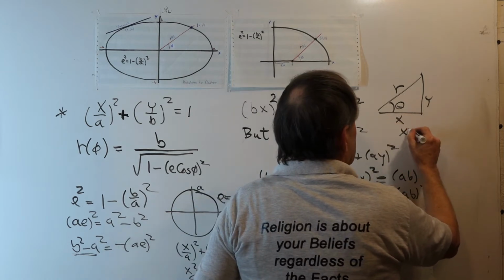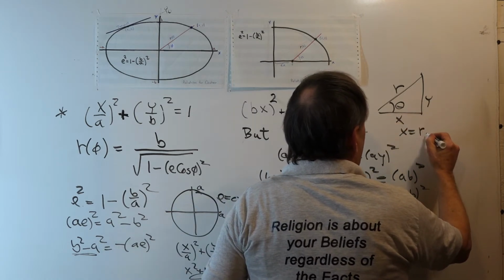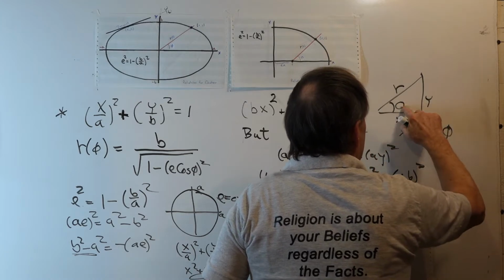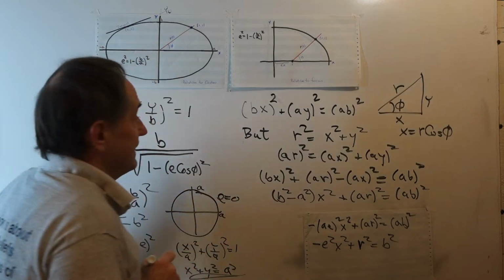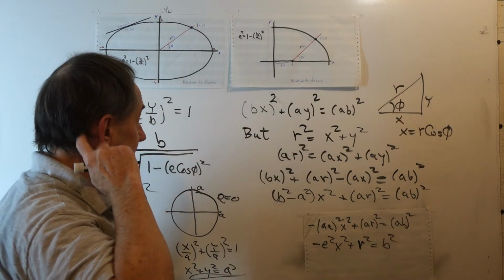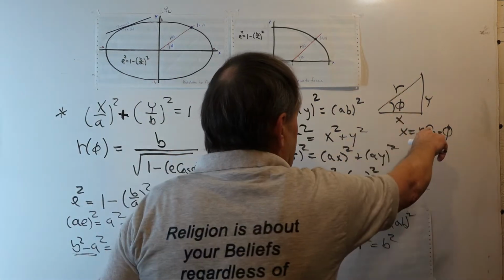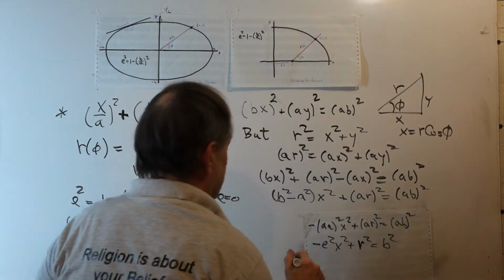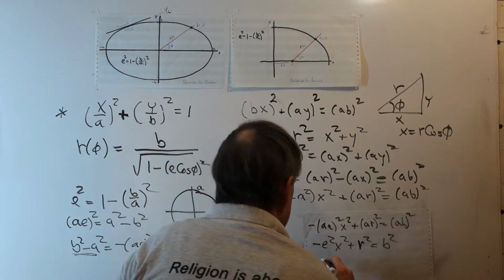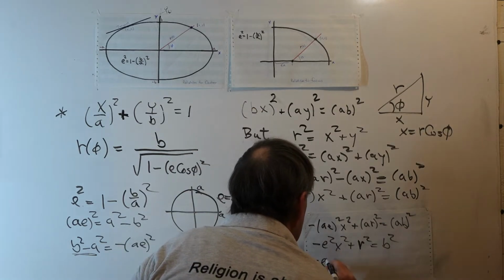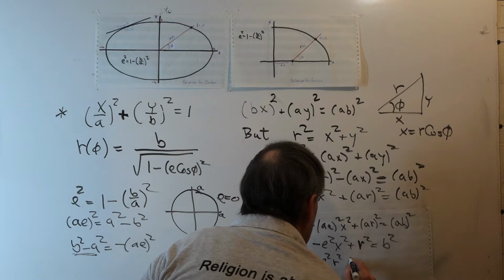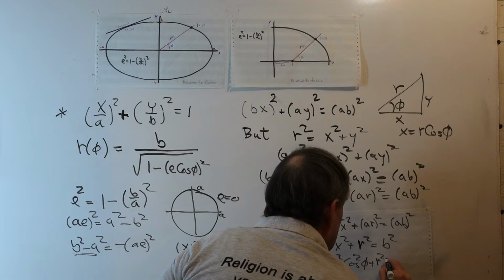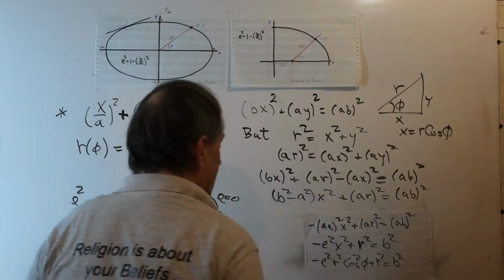Well, x is equal to r cosine phi, using trig functions. So we put in for x squared. X squared would be r squared cosine squared. So we end up with minus e squared r squared cosine squared phi plus r squared equals b squared.